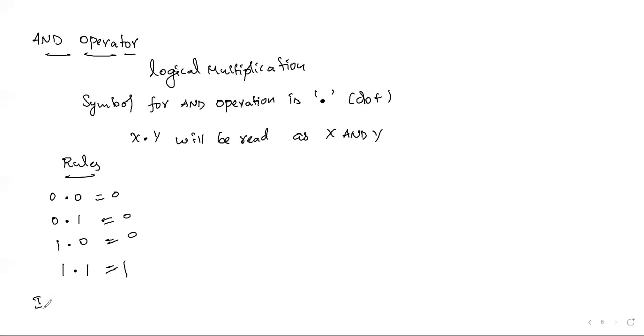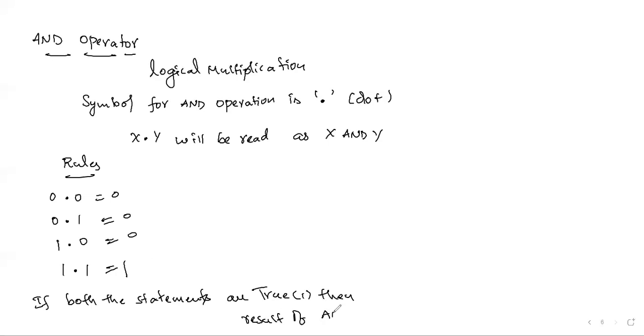If both the statements are true or 1, then the result of AND will be true or 1.